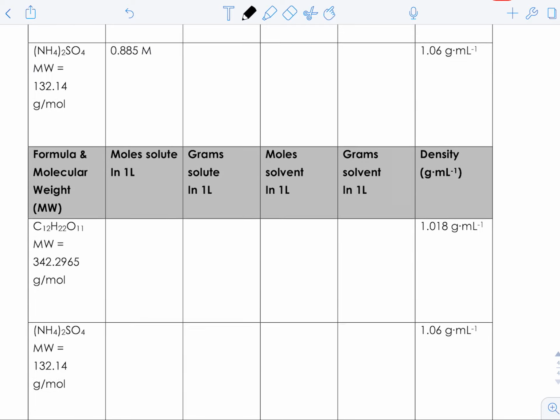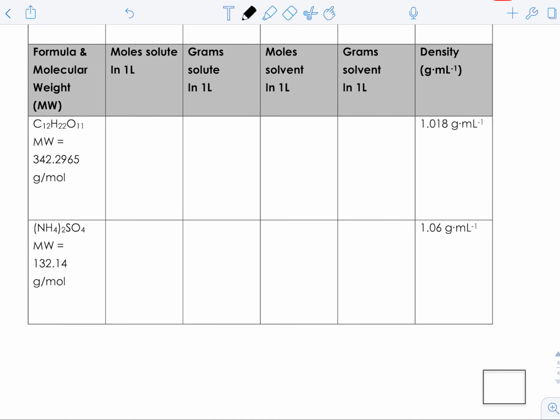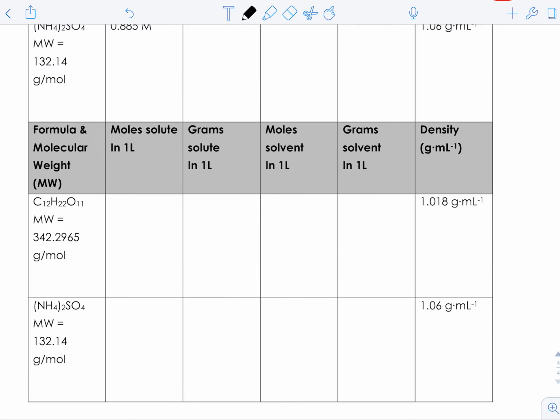So we are starting out with percent by mass and density for the first one, and then molarity and density for the second one. So we can start out with both of them by assuming 1 liter, which is what I've kind of told you to do down here, right? Ask for the moles of solute in 1 liter, grams solvent, and grams in 1 liter.